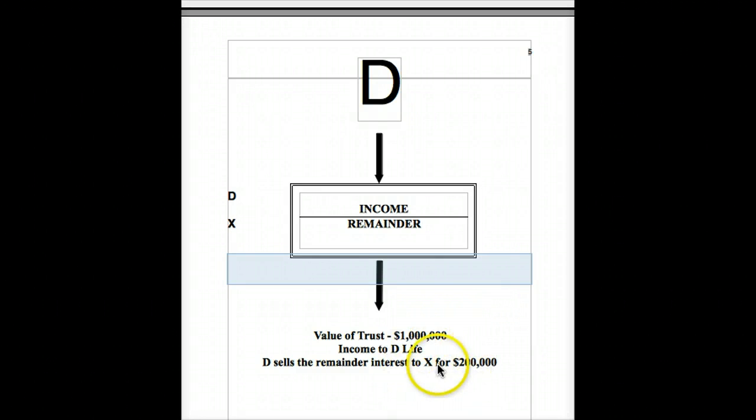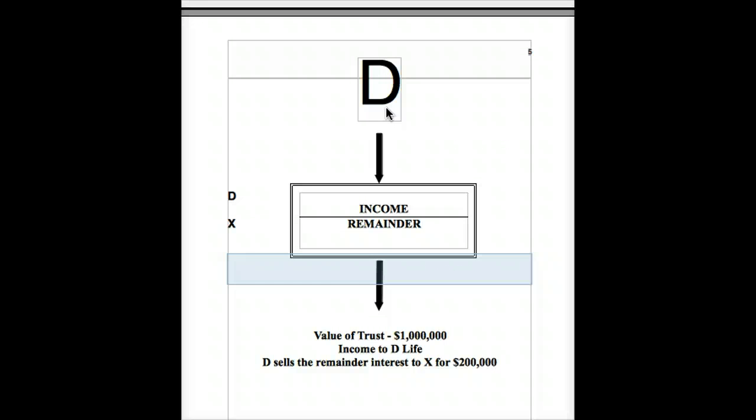Then when D dies, if X's payment does not actually represent full and adequate consideration in money or money's worth, the entire amount of the trust is going to be pulled back into D's estate. So there could be consequences for not selling the remainder for full and adequate consideration in money or money's worth.